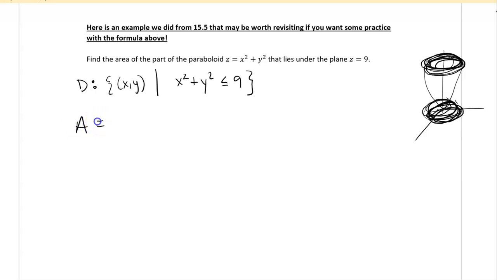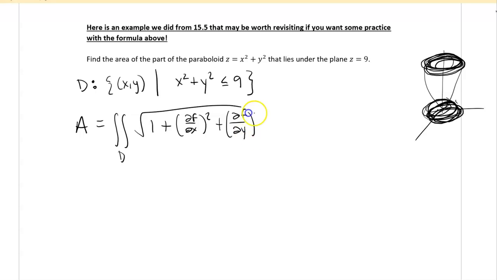So our surface area will be given by the double integral over D of the square root of 1 plus del f del x squared plus del f del y squared dA.